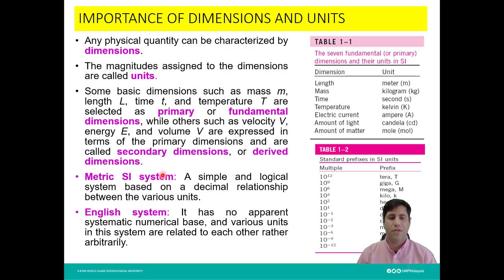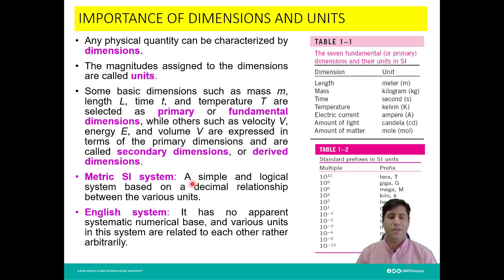for these units. One of them is the metric SI system, which is mainly used in Europe and some Asian countries. And the English system, which is more common in some other countries like the USA.